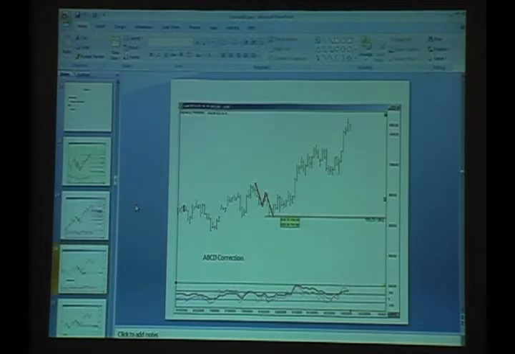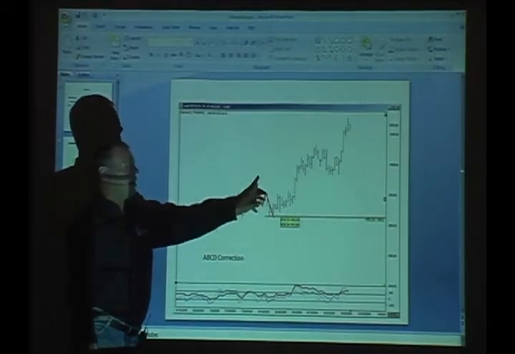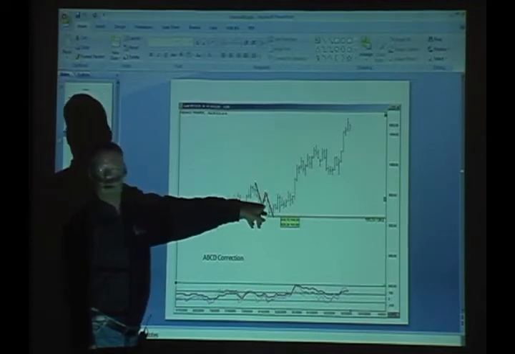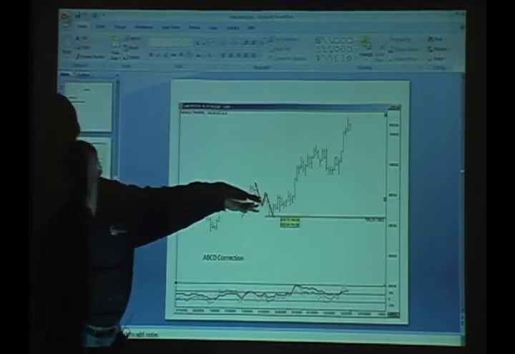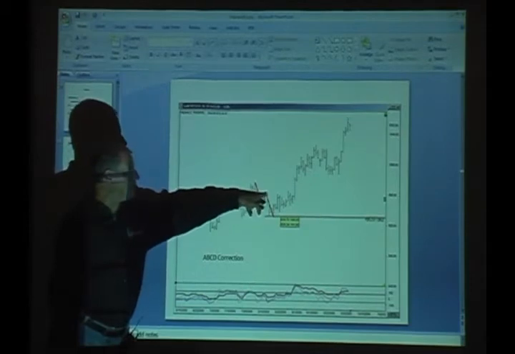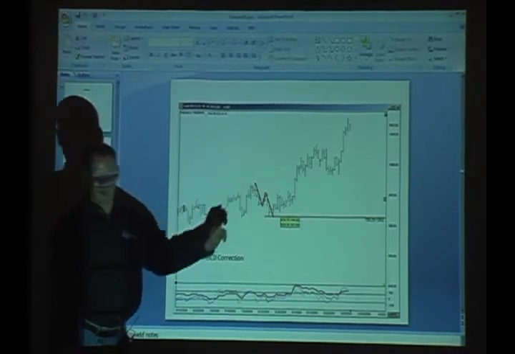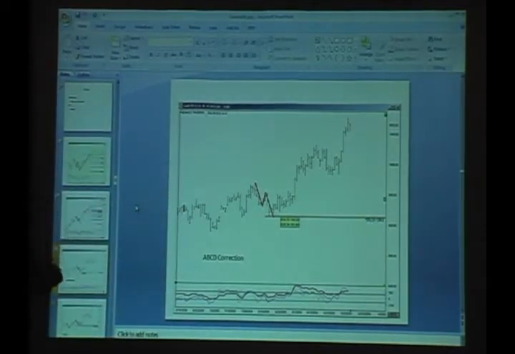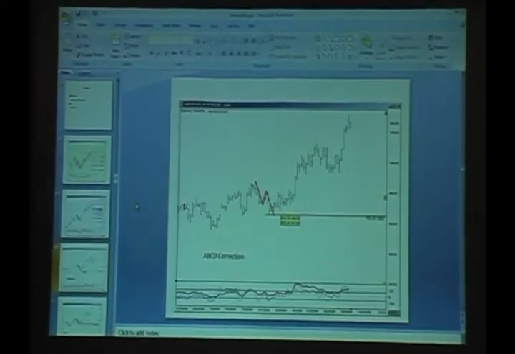If you see price begin to fail at 0.618 to 0.786, in other words here, if this fails at 0.618 to 0.786, you want to check for the possibility that you have an ABCD correction or a Gartley. So in that case only, not if it fails at 50% or at 38.2% or whatever, but only if you see this fail 0.618 to 0.786 of this swing. In that case, yes, you project the expansion in the direction of that move, A to B from C. Only if it fails between 0.618 to 0.786.